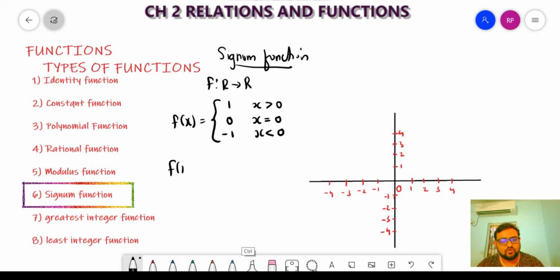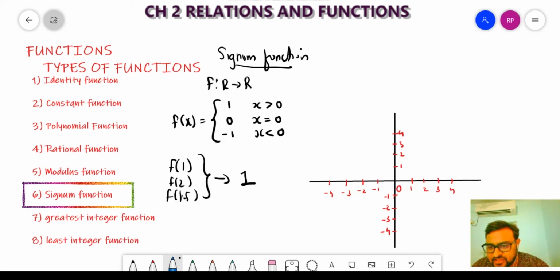Okay. So now see here, if we draw a graph, then for any value like f of 1, f of 2, f of 1.5, for any value greater than 0, its answer is 1. So for any value of x greater than 0, the answer is 1. But f of 0 will be equal to 0.